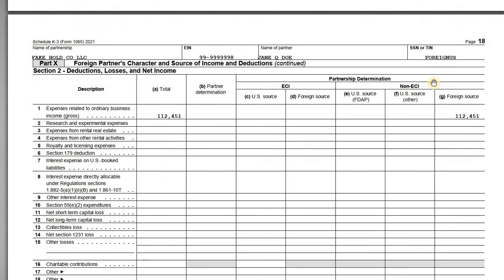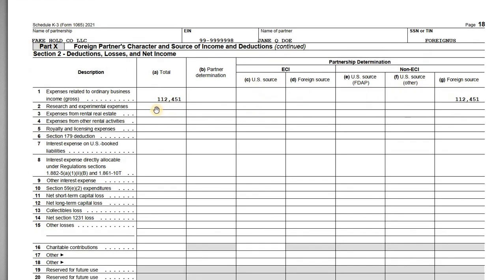And then similar reporting with the expenses, right? We've got our foreign source expenses there allocated to non-ECI. And so what that means is, if Jane is reading this and she sees, well, I don't have any ECI, U.S. or foreign source, then I don't have any tax obligations under section 1446, the withholding piece.